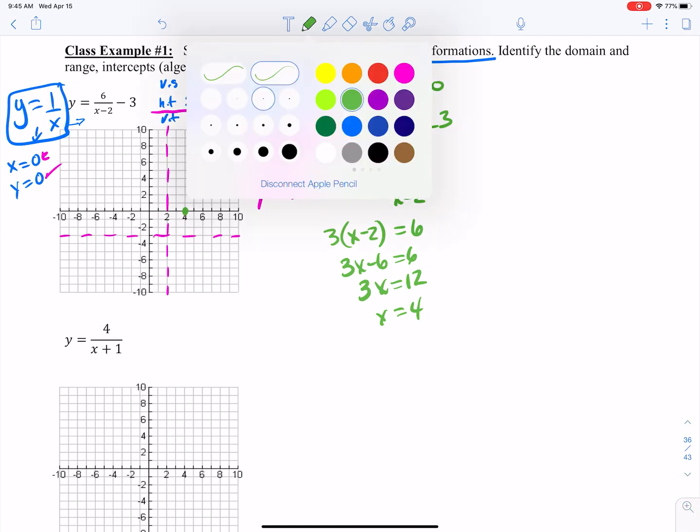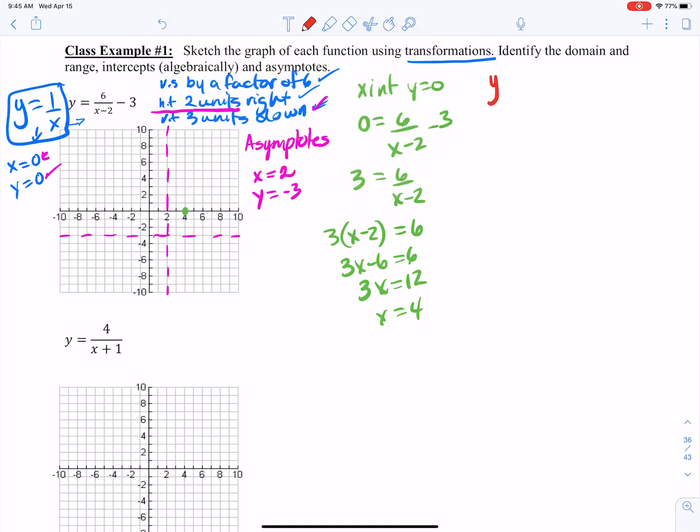And let's get another color here. Y-intercept, x is equal to 0. Six divided by -2 is -3. So we end up with y is equal to -6.